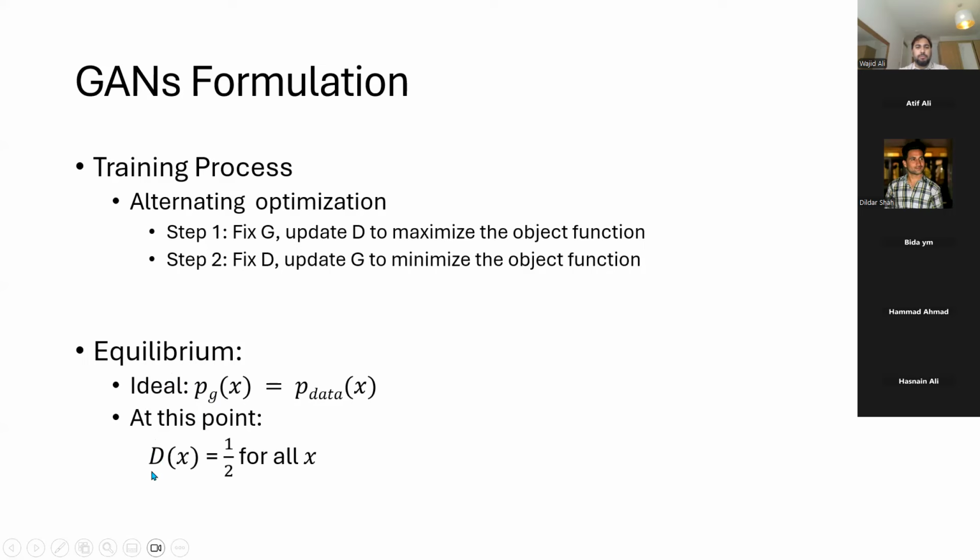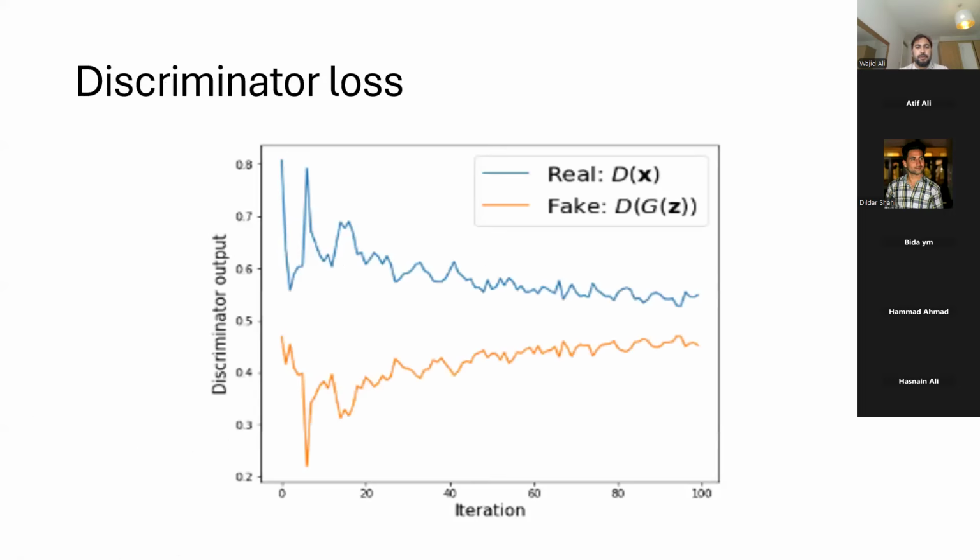At this stage, the discriminator can no longer tell whether an image is real or fake. For all the images it will always give us a value of 0.5, confused whether the image is real or fake.